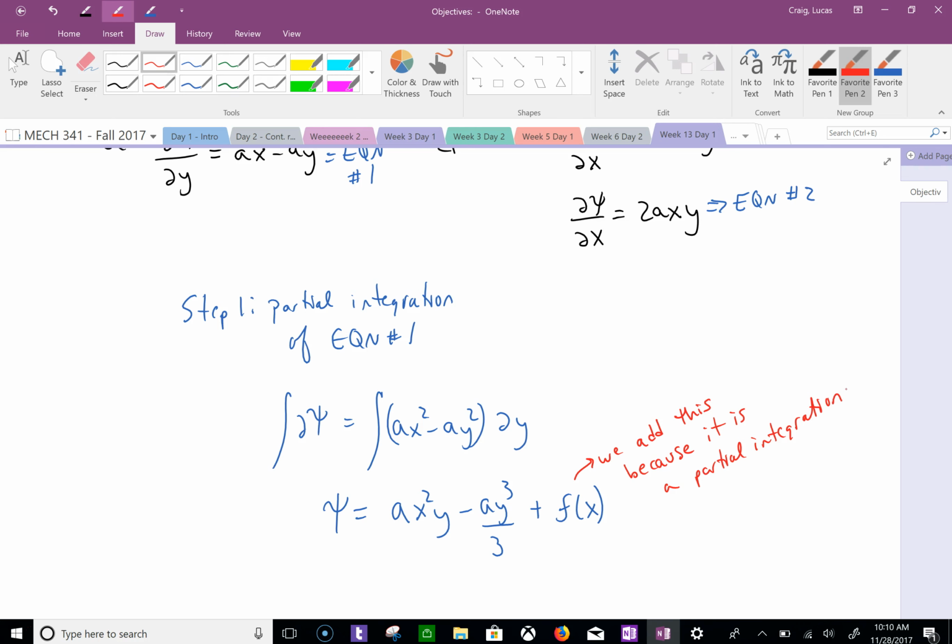The reason we add this is because this constant could be a number or a function of x, either one, but it cannot have y in there.